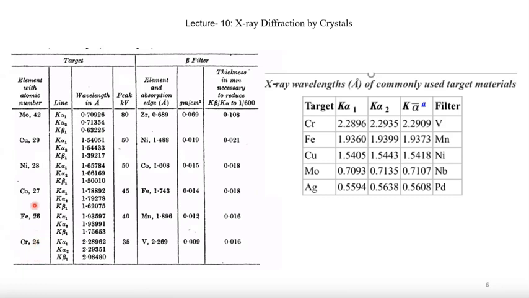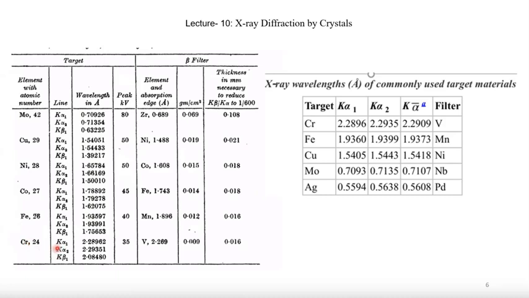Now let us see what the wavelengths are. This is the atomic number of each element. The atomic number of molybdenum is 42, then 29, 28, 27, 26, 24. You see, with higher atomic number, the wavelength of X-ray decreases, shorter and shorter wavelength.